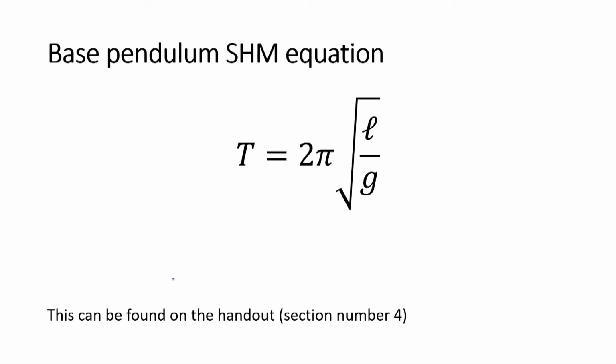We'll move on to pendulum now. Okay, we got our base pendulum and simple harmonic motion equation. This can be found in the handout, section number 4. And if we notice, this is extremely similar to the base spring equation in SHM, except we just have an L and a G to deal with.